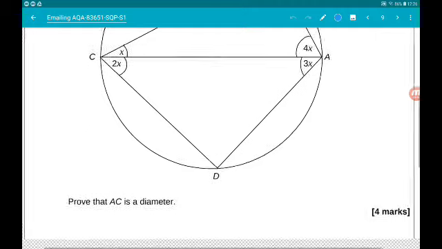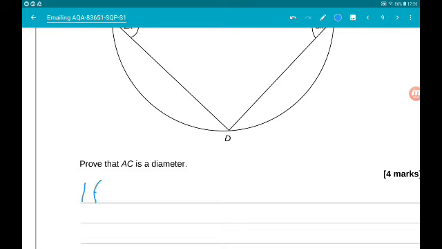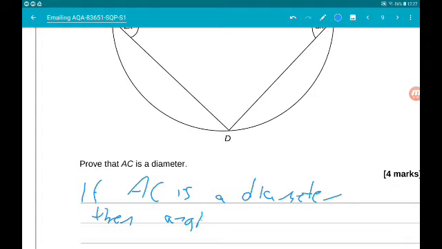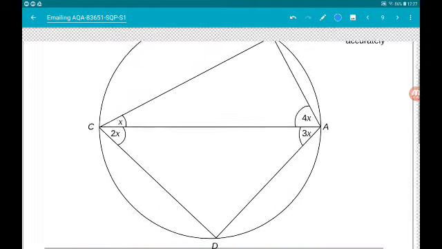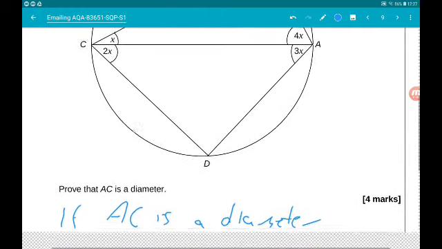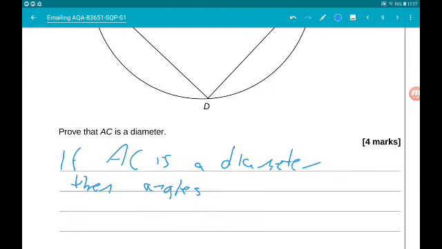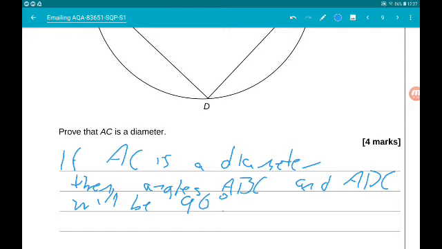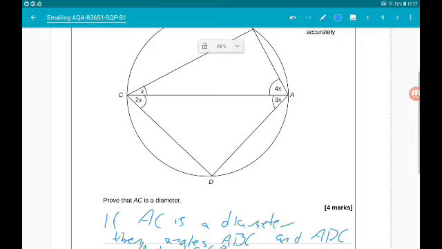So, if AC is a diameter, then angles ABC and ADC will be 90 degrees. Okay, next up.